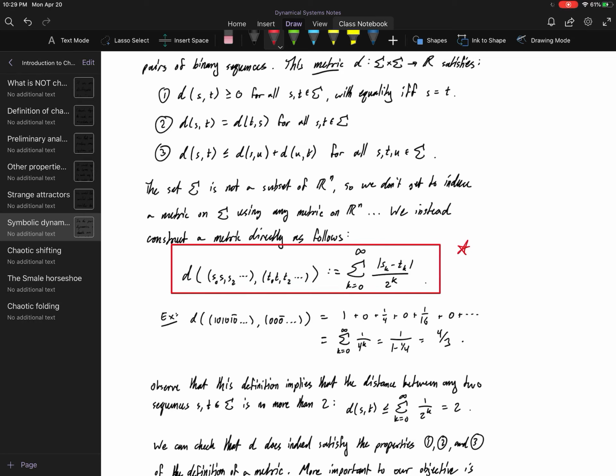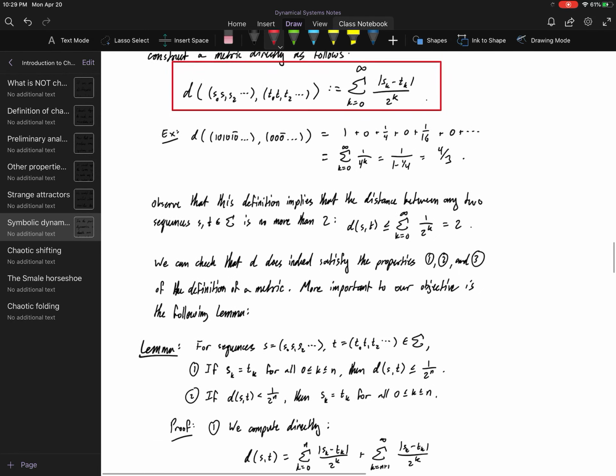And that's where we wound up with this red box, telling us that here's what we're going to take to be our notion of distance on our sequence spaces, or specifically on our binary sequences. There is a way to measure how far apart two sequences are in this infinite dimensional space.